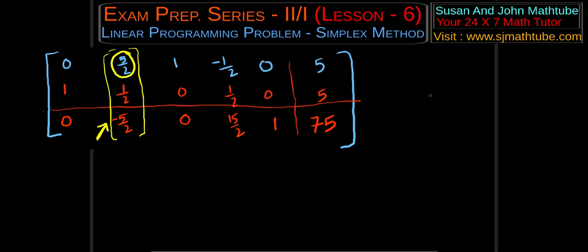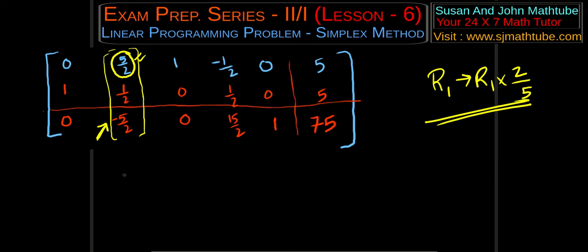So the next operation is we have to make this pivot into 1. We must make the pivot element into 1. So the target is in the first row. So R1 changes to R1 into reciprocal of 5 by 2. So we get 0, 1, 2 by 5, and minus 1 by 5, 0, and 2.